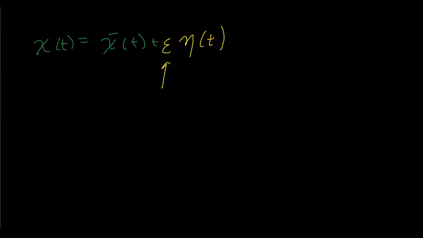So here epsilon, another Greek letter, is a constant, and eta is still our same old function of t. Right? Now, this is just another path. I still haven't done anything. But the point is that if we decide on an eta, and we choose different epsilons, we get different paths.